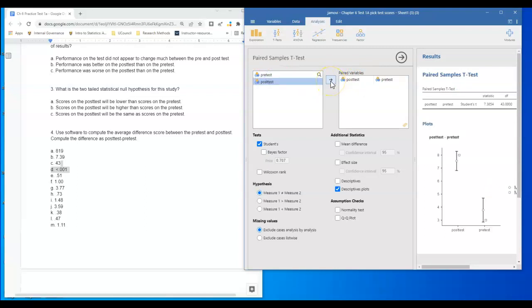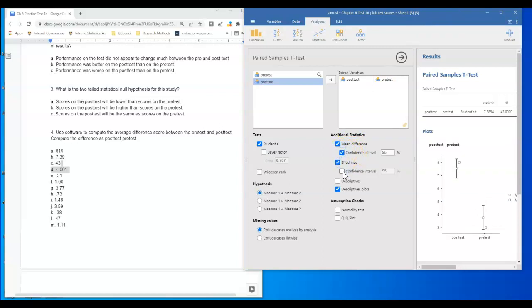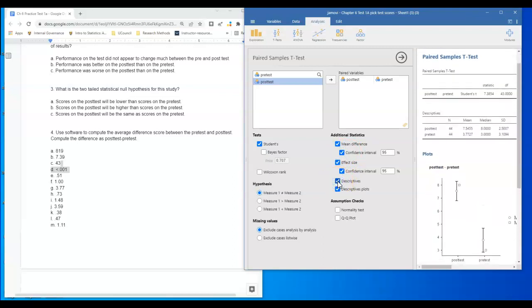And that will put it in that direction. So we want to know the difference score, and so we're going to look for the mean difference by clicking on Additional Statistics, Mean Difference. And while I'm here, I'm also going to ask for the confidence interval, effect size, confidence interval around the effect size, and the descriptive statistics, because I'm going to need them all later on.